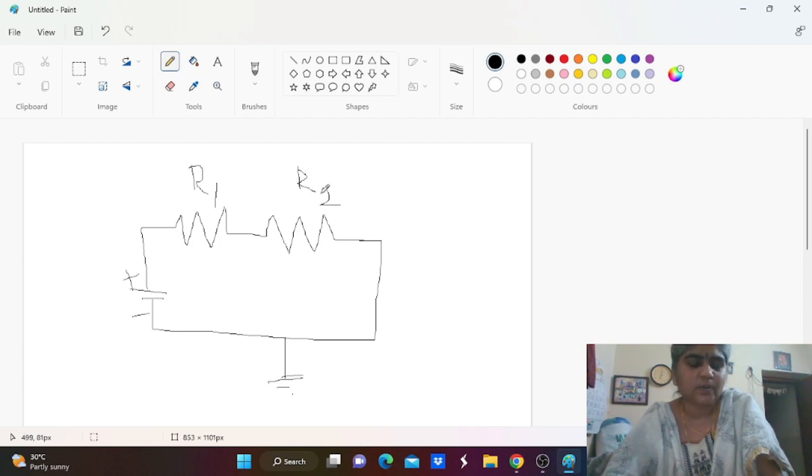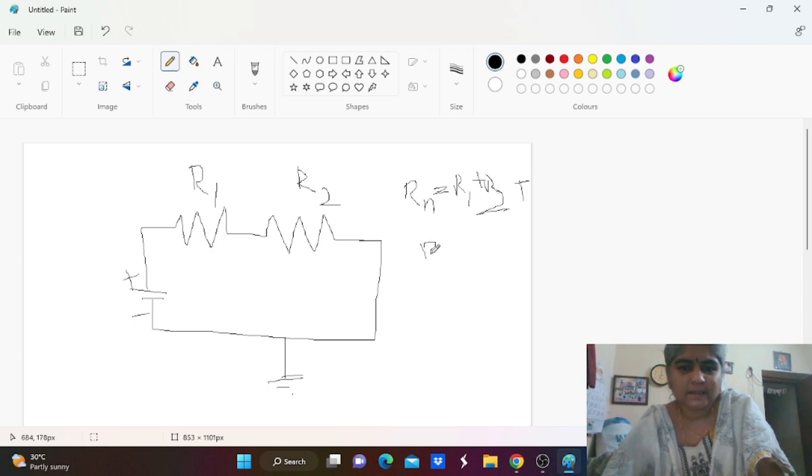Similarly, if you want to consider 3 resistors or 4 resistors, up to Rn, we can find the resistance value for the total number of resistors connected in the circuit. So the formula is Rn equal to R1 plus R2 plus R3 plus, and so on till Rn.